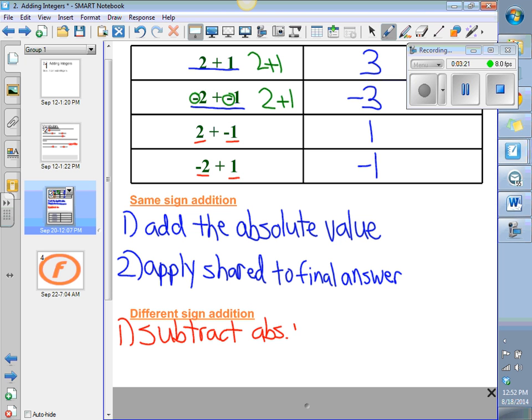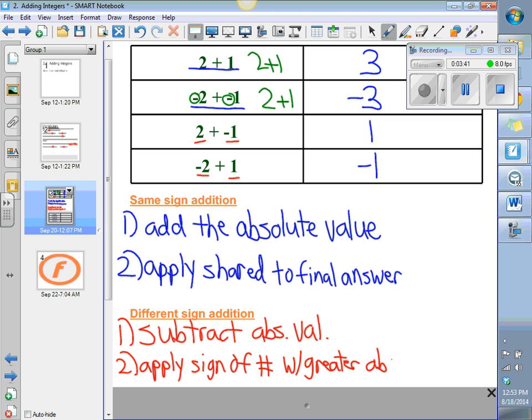I'll abbreviate just to save a little time; feel free to do the same. And then we apply the sign of the number with the greater absolute value.